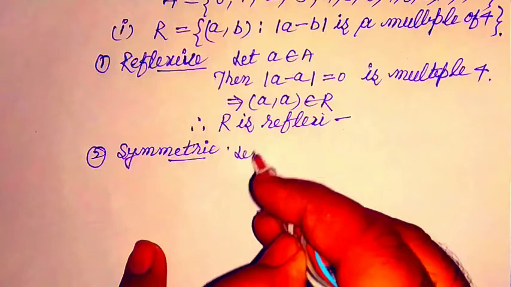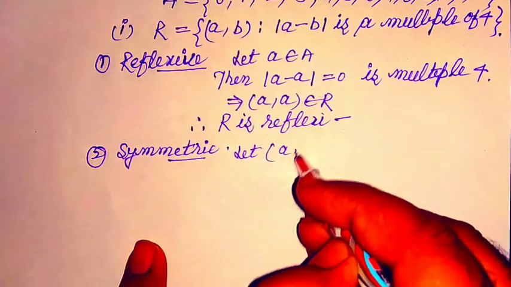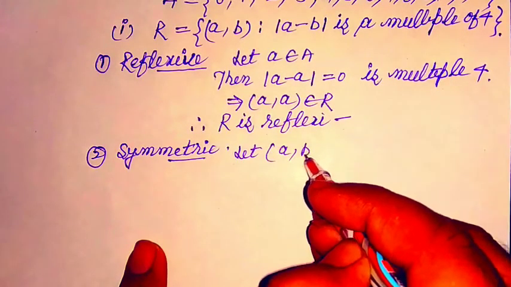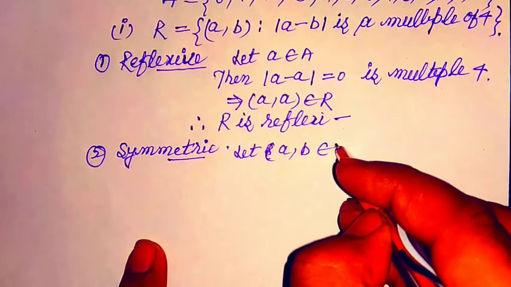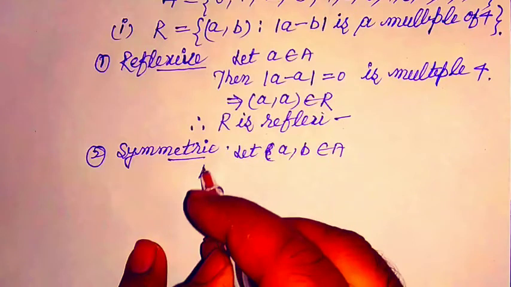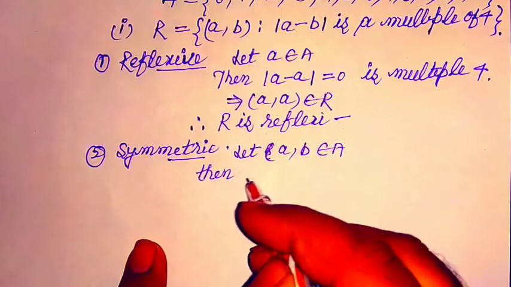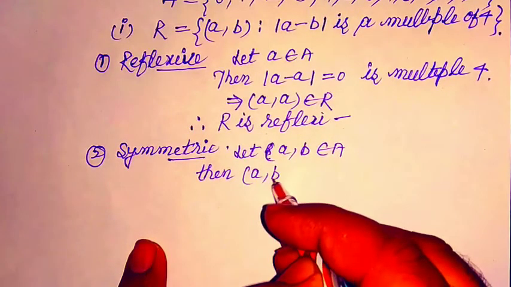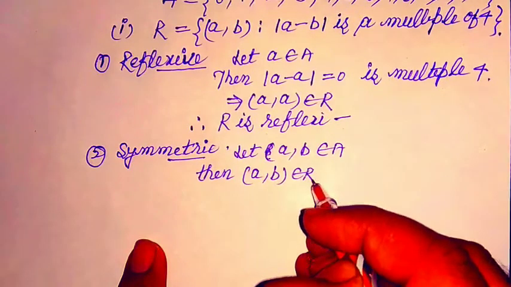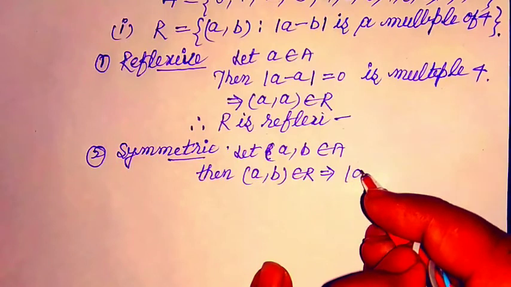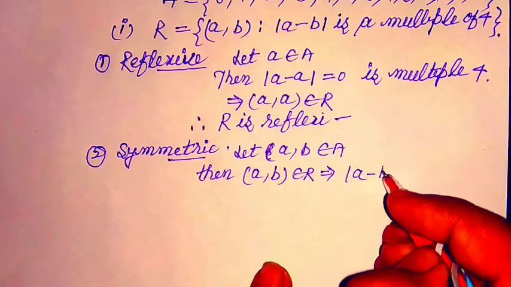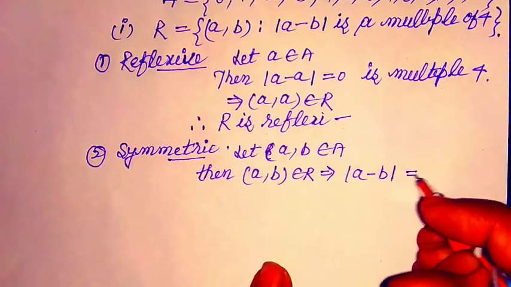Let (a, b) belong to set A, then (a, b) is in the relation, so we can write a minus b equals a multiple of 4.